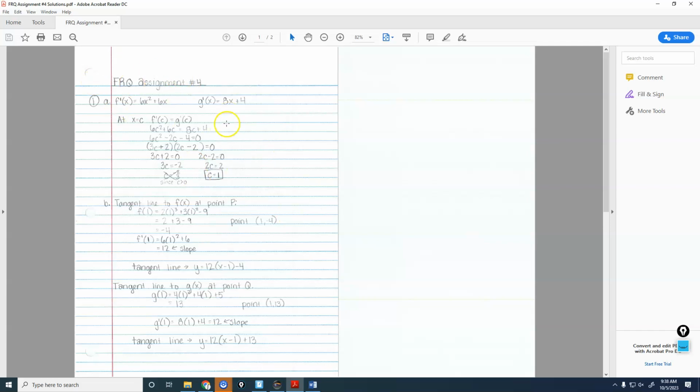A is the harder part on number 1, but it's asking where the tangent lines are parallel. So if tangent lines are parallel, that means the slopes of the tangent lines are equal. How do we find the slope of a tangent line? Derivative. So you're going to take the derivative of both, set them equal to each other, and then you have a quadratic.